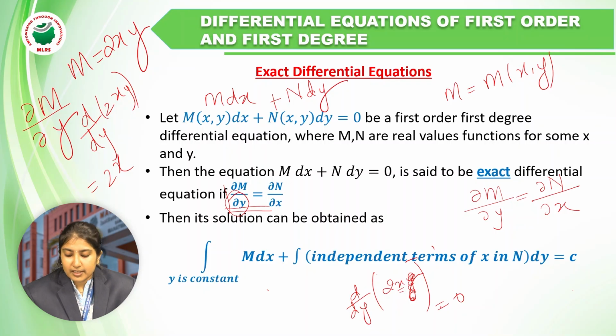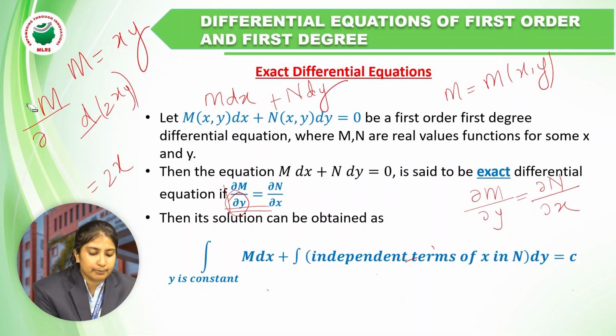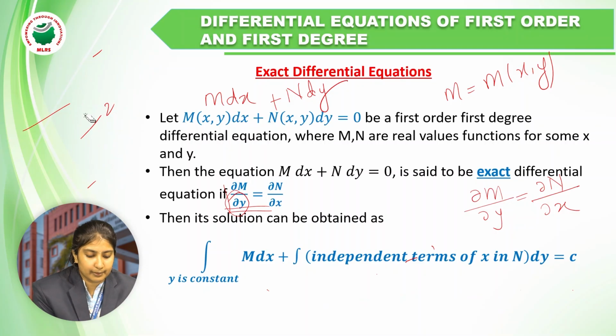In partial differentiation, you assume I have 2xy. Here you take x as constant because you only have meaning with y. You don't require to take x. That is the specialty of partial differentiation. We only take that term which is differentiating for the given variable.